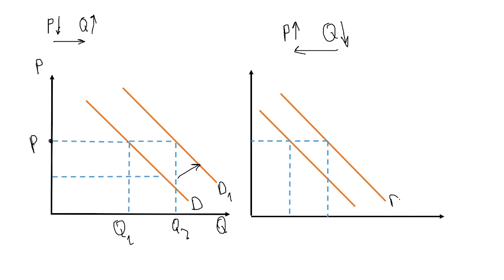So here is our original demand curve, and we shift it to the left because we want to show a decrease in the quantity demanded of the original goods. Here we have a new demand curve, with price on the y-axis and quantity on the x-axis. As you can see, at the same price, the quantity goes from Q1 to Q2. So the amount is decreased because the price of complementary goods is increased.